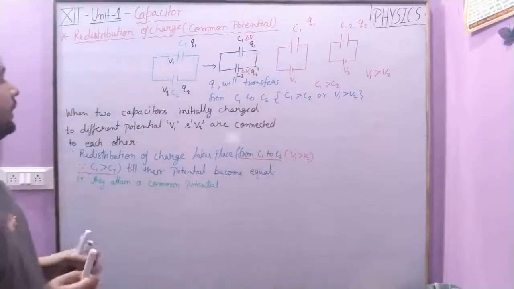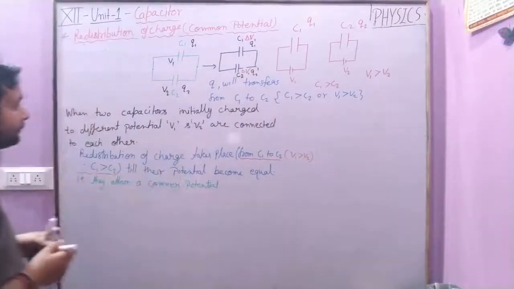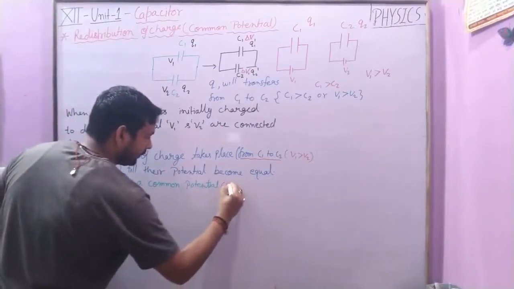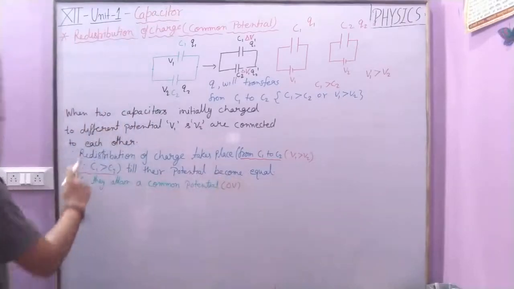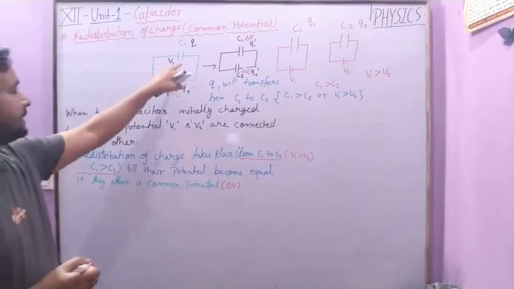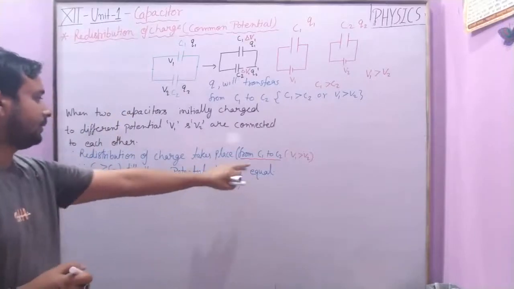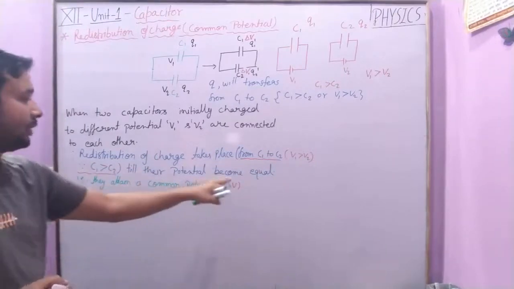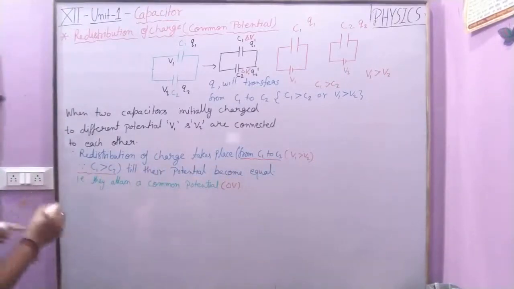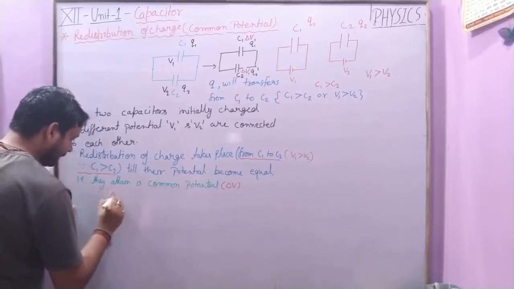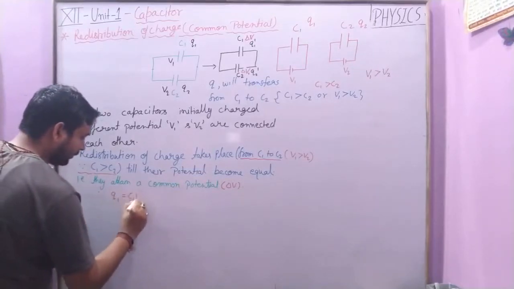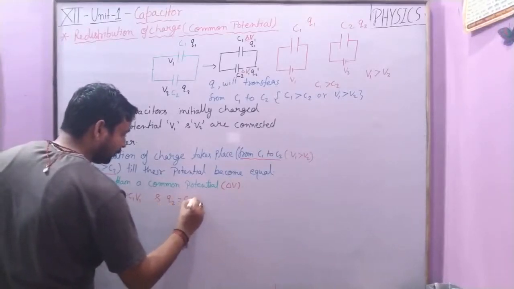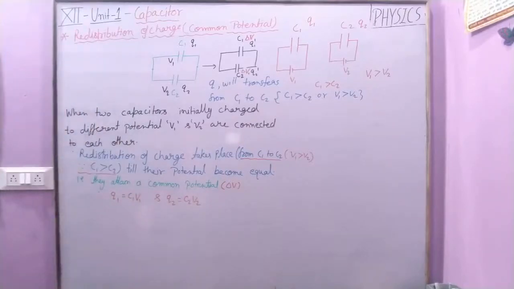Okay, such that the common potential is delta V. So redistribution of charge takes place from capacitor C1 to C2 till their potentials become equal. Now initial charges Q1 is equal to C1 V1 and Q2 is equal to C2 V2, okay.